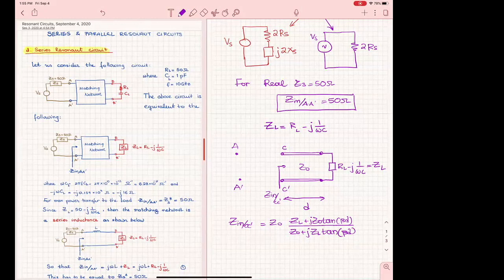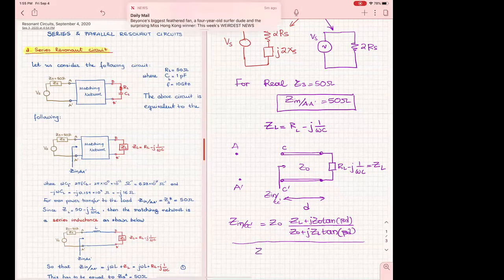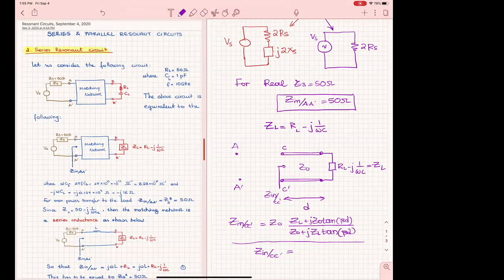Because the impedance at any point of the line is given by this at a distance D from the load. Therefore, what kind of impedance does this formula give? Does it give a real impedance only, an imaginary impedance only, or a complex impedance?